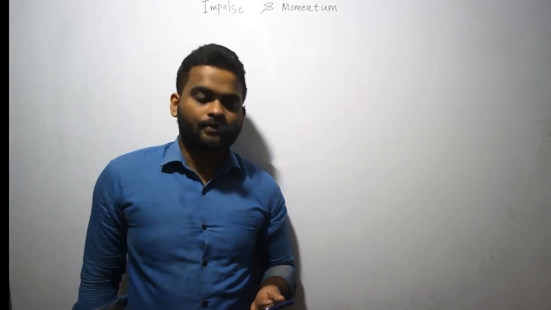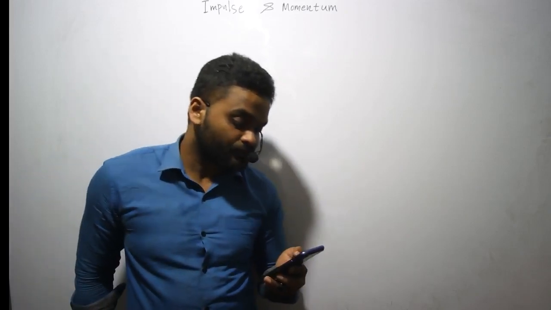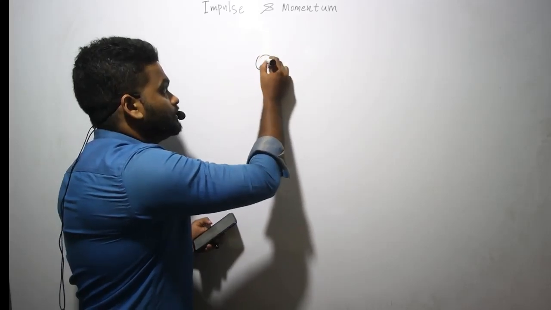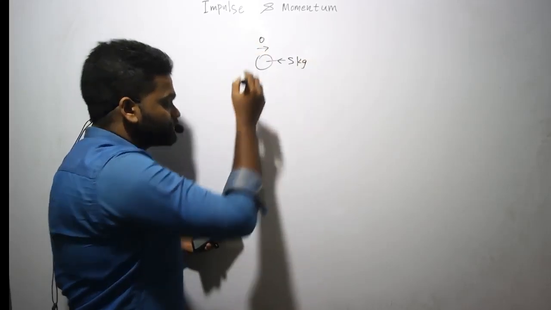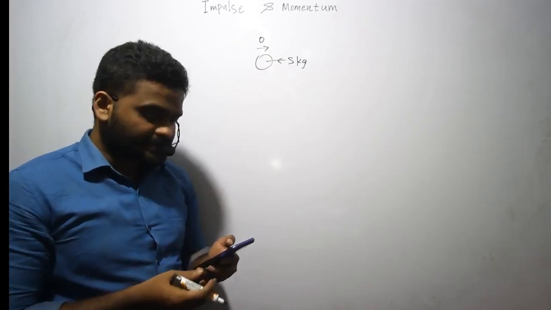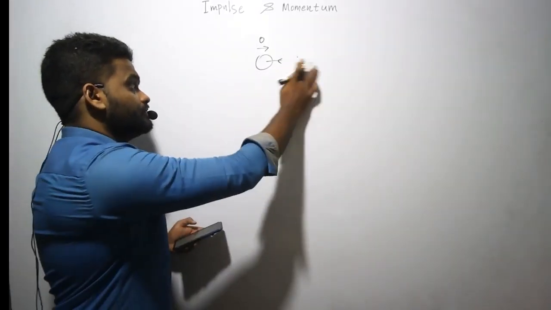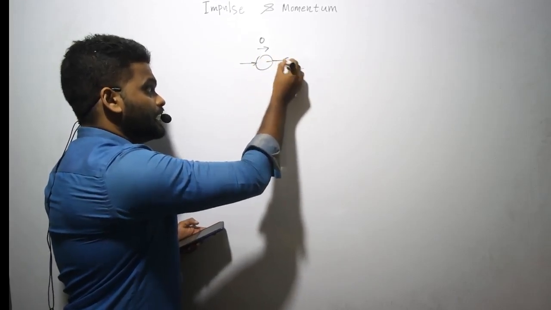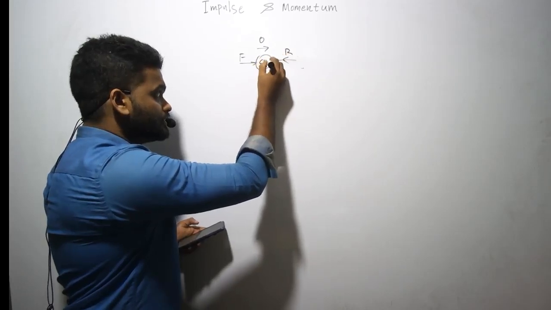Right, fifth question. An object with mass 5 kilogram at rest is acted by driving force F and resistive force R, right?